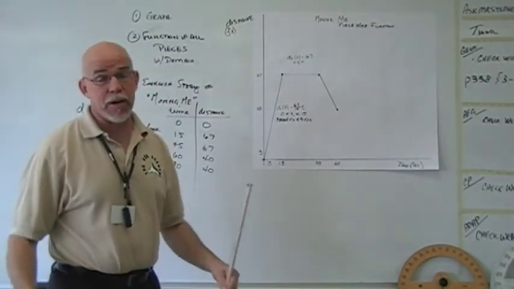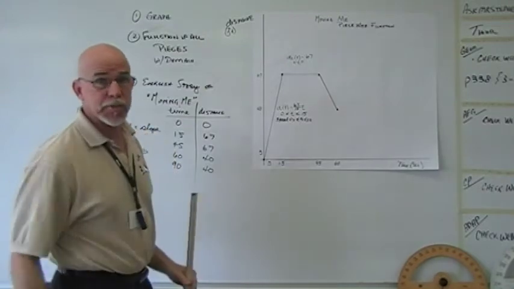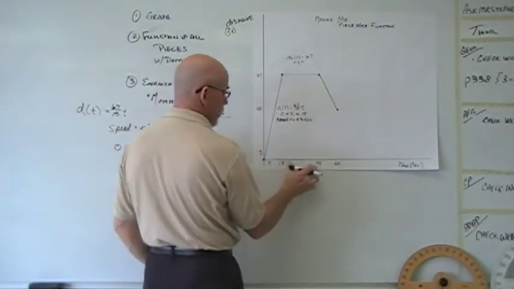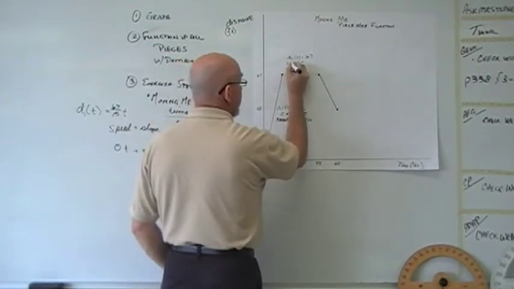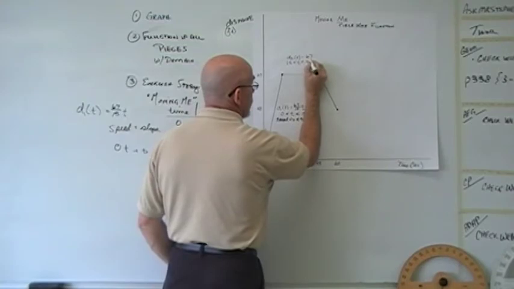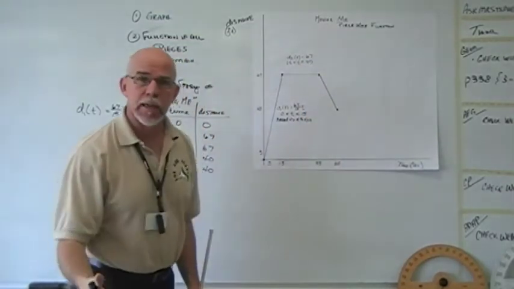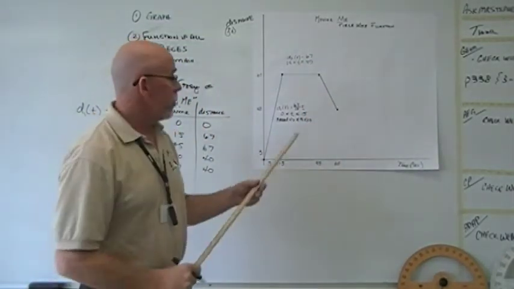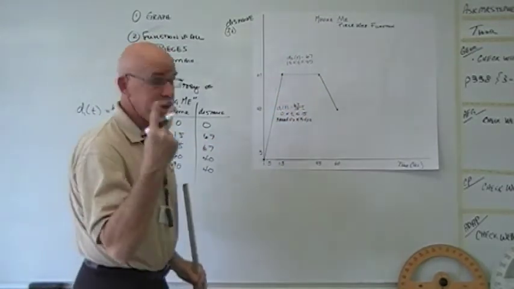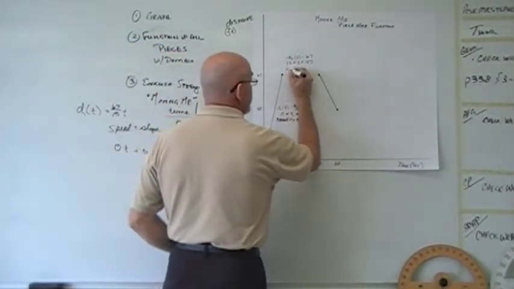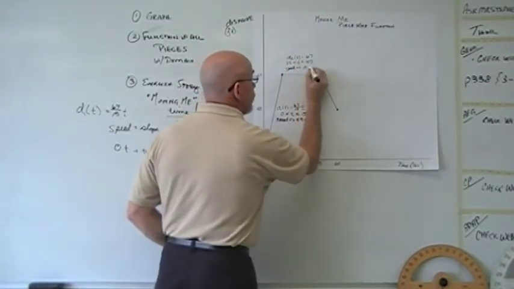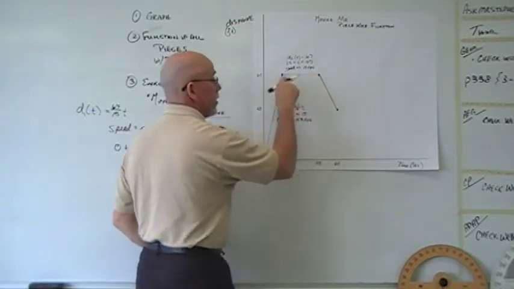Why was I being lazy? Why was I a couch potato eating the potato chips and using the remote control? I wasn't moving at all. Well, what window of time was that? That was from 15 seconds to 45 seconds was my domain. The domain of that function that I'm using for this piece, or this piecewise function. That's 2 pieces. What speed was I going at? The speed I was traveling was 0 feet per second for that piece.